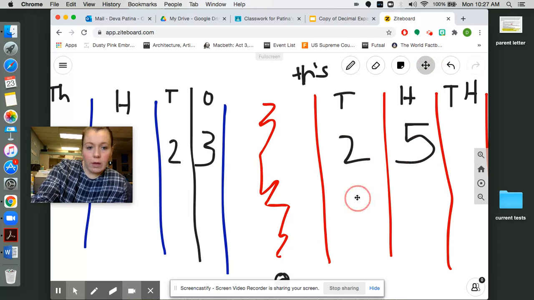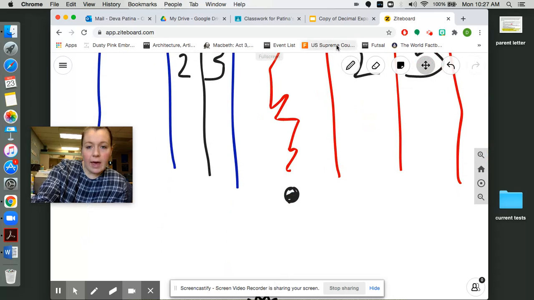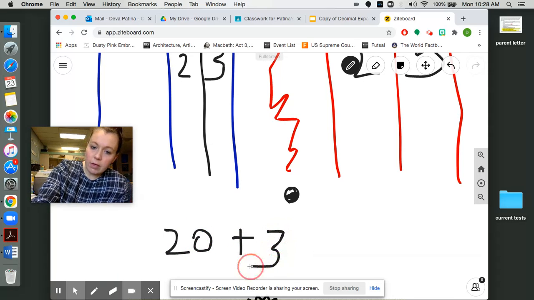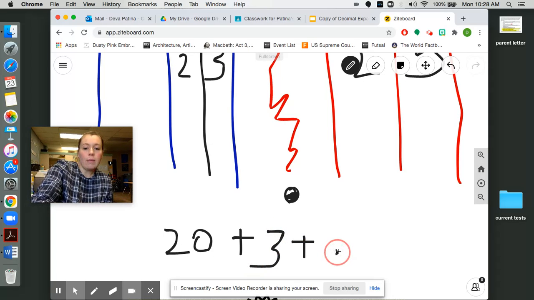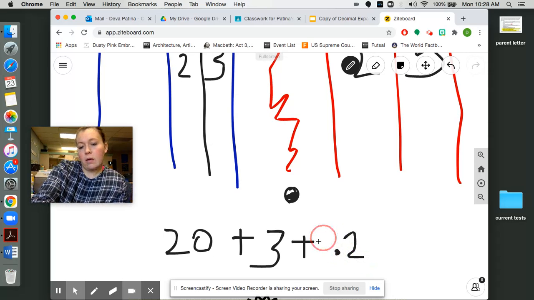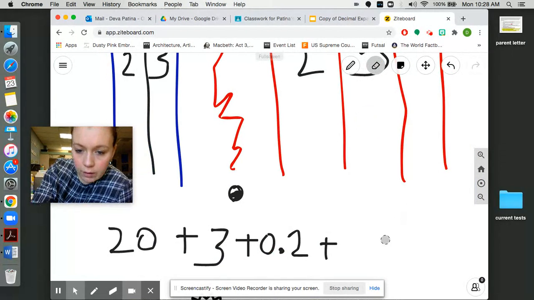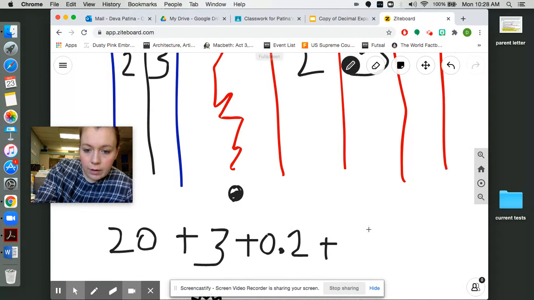I'm going to scroll down here. So if I have a 2 in the tens place, I know I have 20. If I have a 3 in the ones place, I know I have 3. So I have 20 plus 3. Now I have a 4 in the tenths place, so I'm going to put 0.4, plus the hundredths place, I have 0.05 or 5 hundredths.